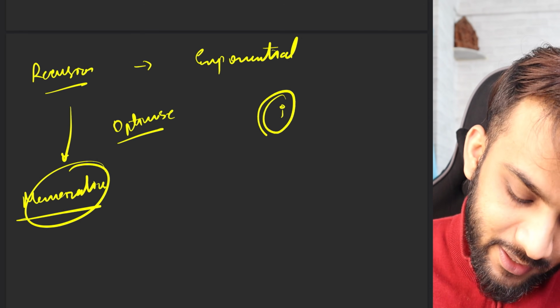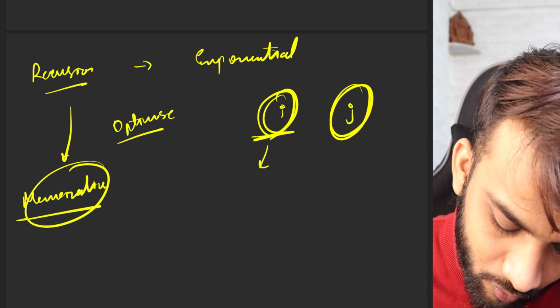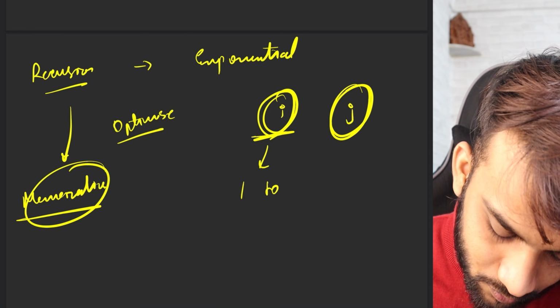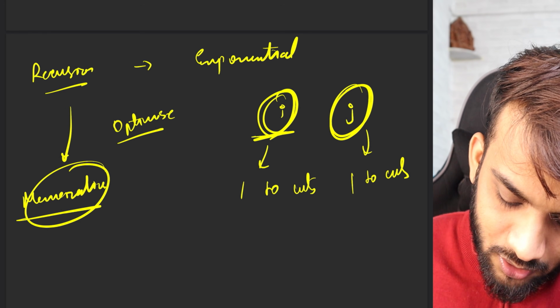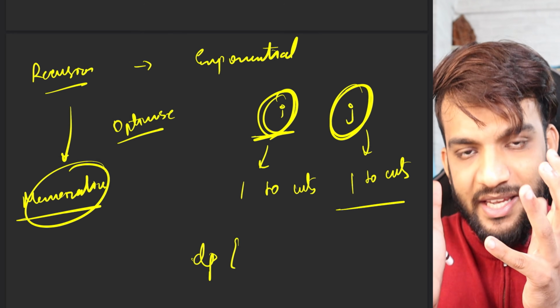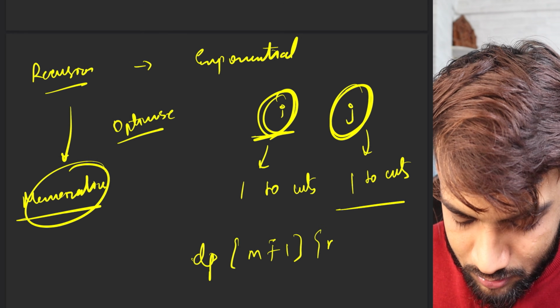We have one parameter as i, we have another parameter as j. So i can be from 1 to the size of the cuts, and j can also be from 1 to cuts. So can I say the dp will be the size of the cuts array, call it m. That's it.